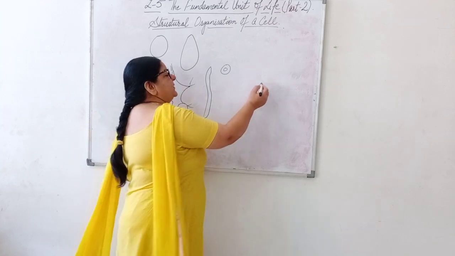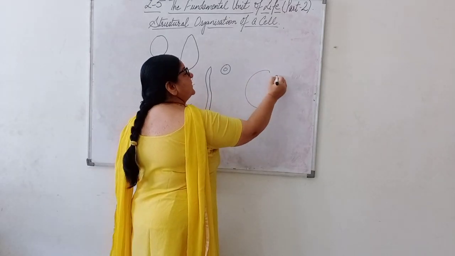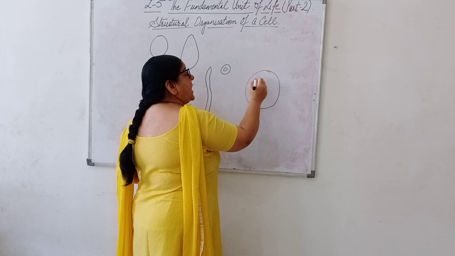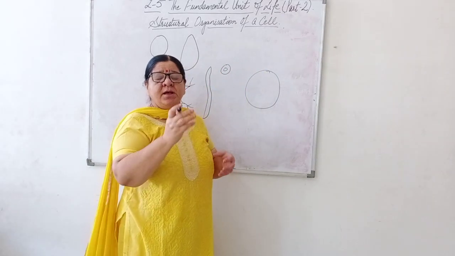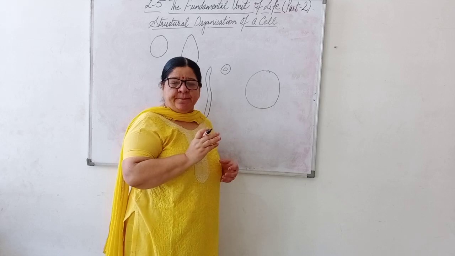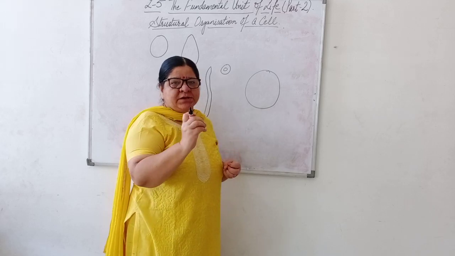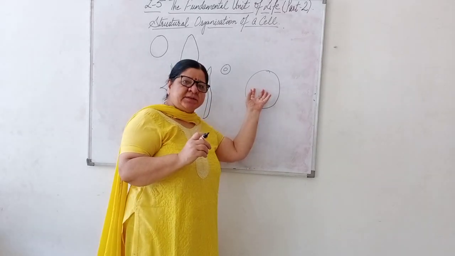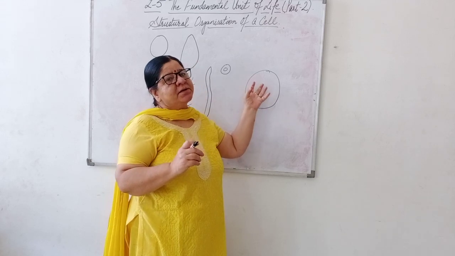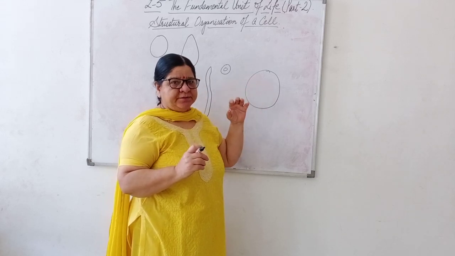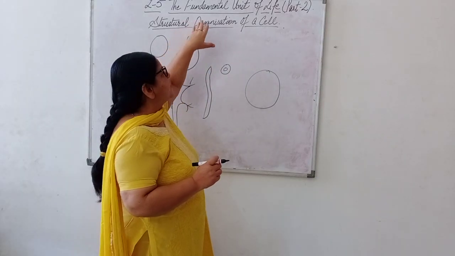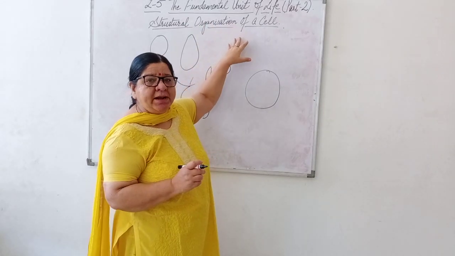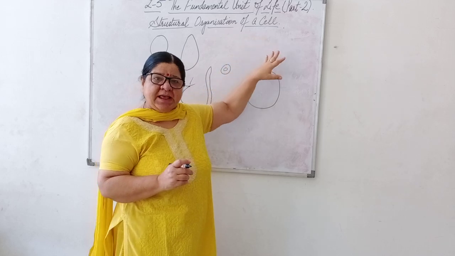And inside the cell, suppose this is a cell, then there are many organelles present in this cell. These small organs which are present inside the cell are known as cell organelles. So today we are going to study about the structural organization of a cell.